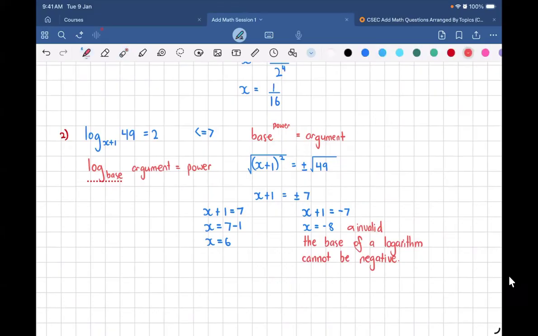Shay, do you know why when you find the square root of something, it's plus or minus? Do you know why you get a positive and a negative solution? Not really, sir. Okay.